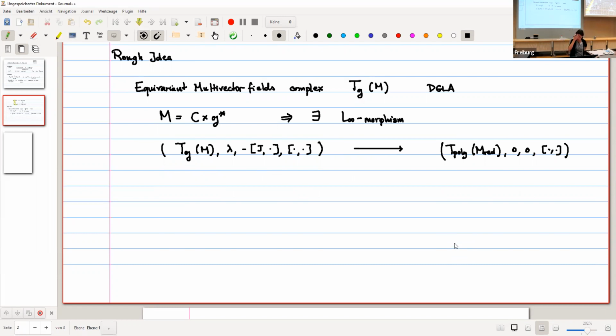So how do we do that? First of all, since we have this hypothesis, we could rewrite this equivariant multivector field DGLA, split as a Taylor expansion. So here we have a Taylor expansion.